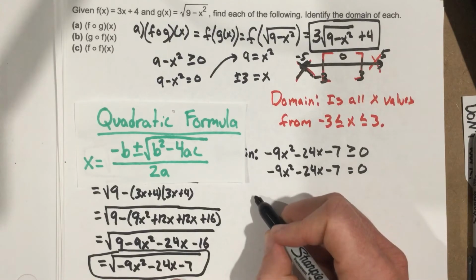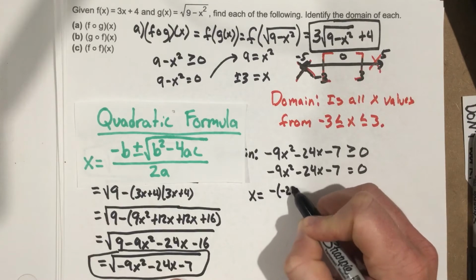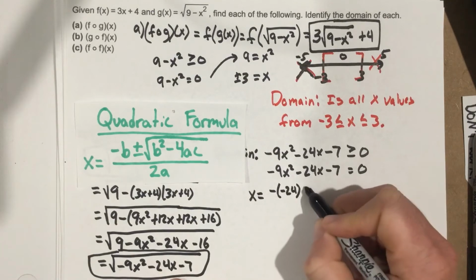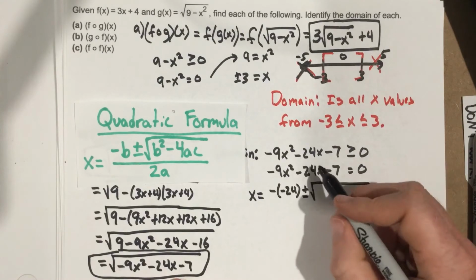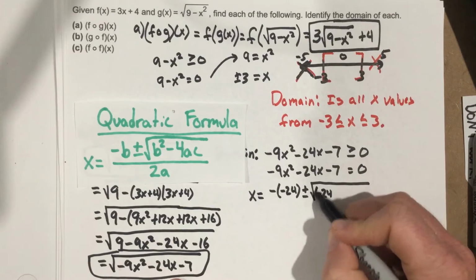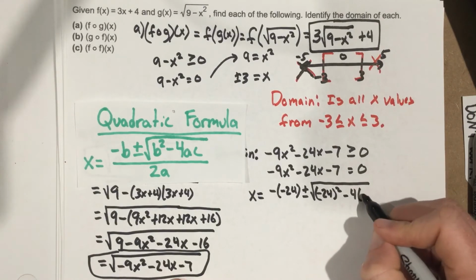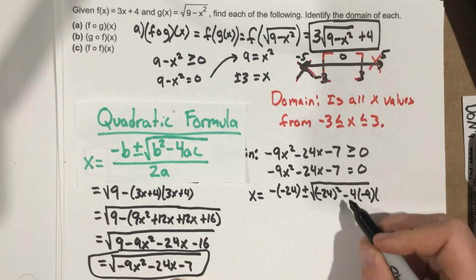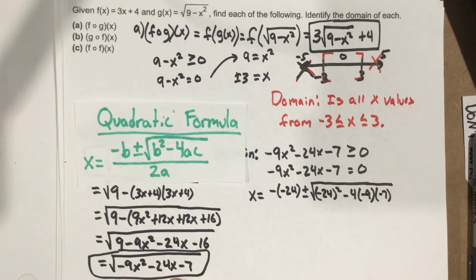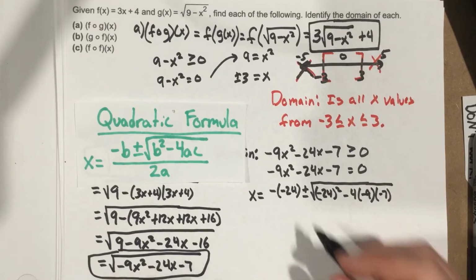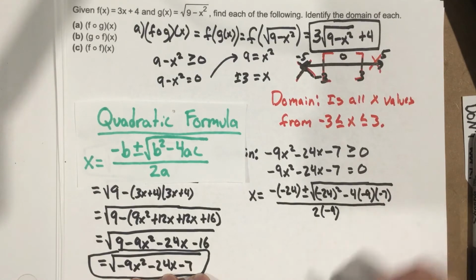So we're going to have x equals negative 24 plus and minus root, this will be negative 24 squared minus 4 times negative 9 times negative 7, all over 2 times negative 9.